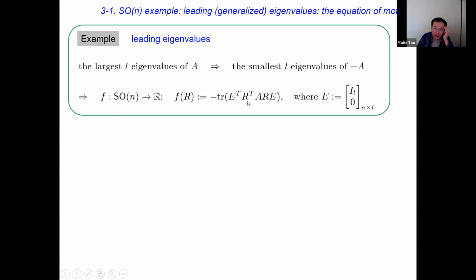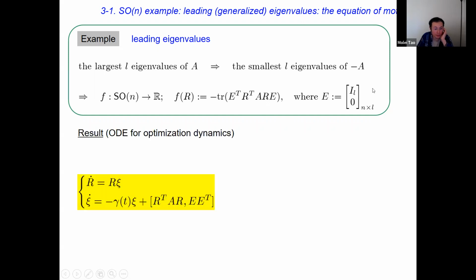So basically, you use this R to diagonalize this matrix A. And then you use the constant matrix E to only keep the top left L by L block of the resulting matrix, and then you're trying to minimize the trace, and you can convince yourself that effectively this is helping you to find the smallest L eigenspaces.